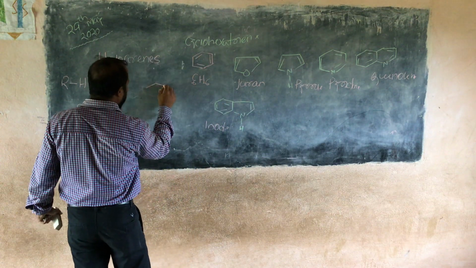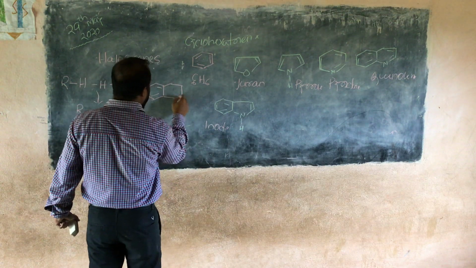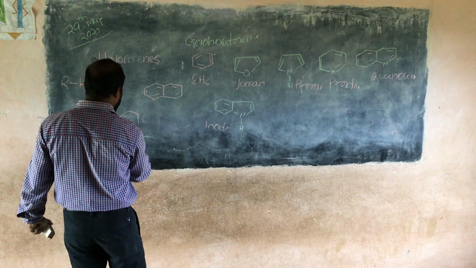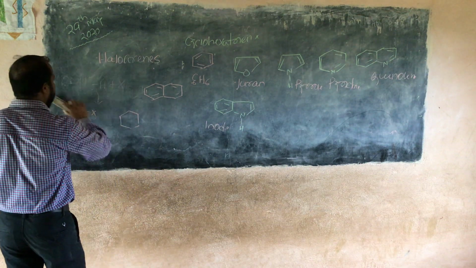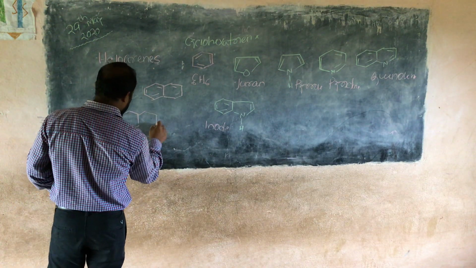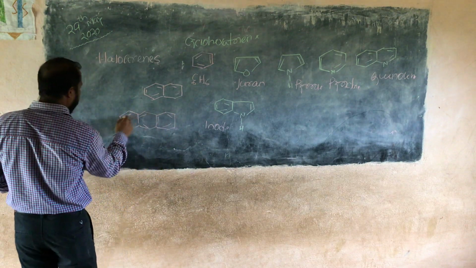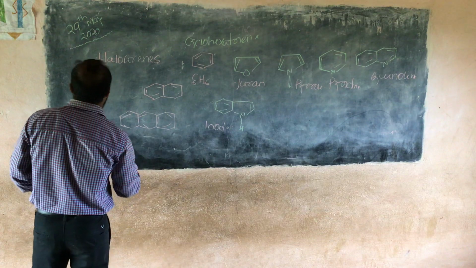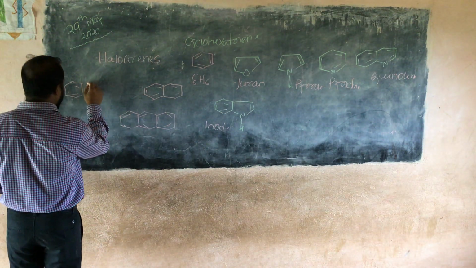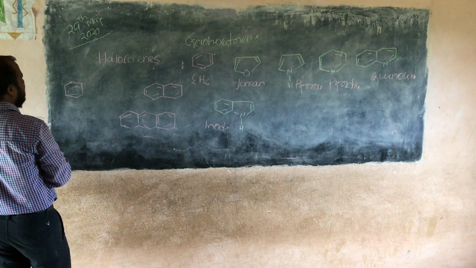Benzene, this is naphthalene, this is anthracene, pyrene is a little bit more for you.